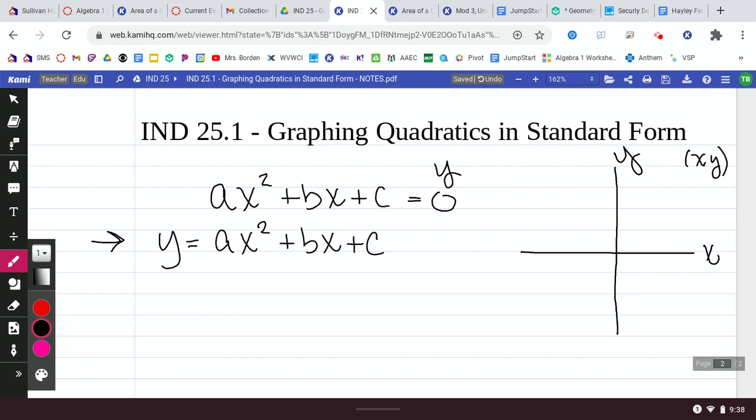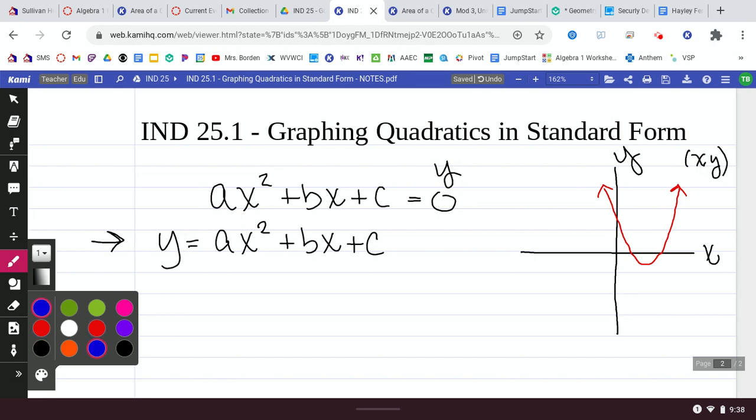So let's see, we can have them open up, which when they open up, they look something like that. Okay, that is a quadratic graph. When they open down, they look something like this. Okay, and they can be anywhere on the coordinate plane. And so we're going to deal with some that open up and some that open down.